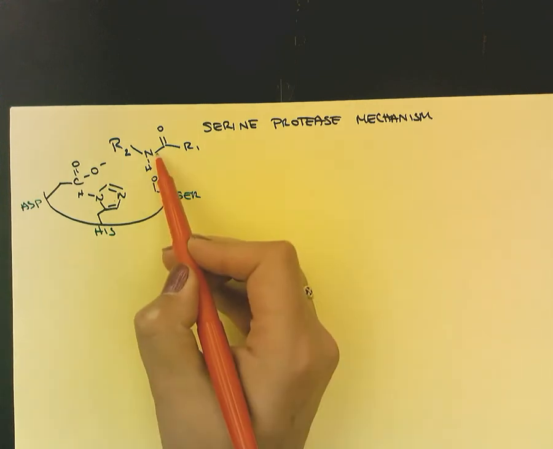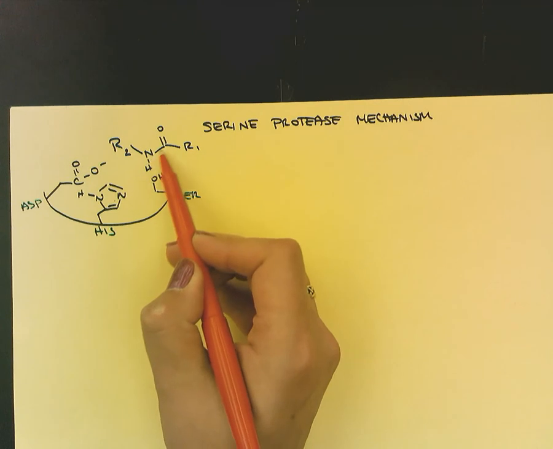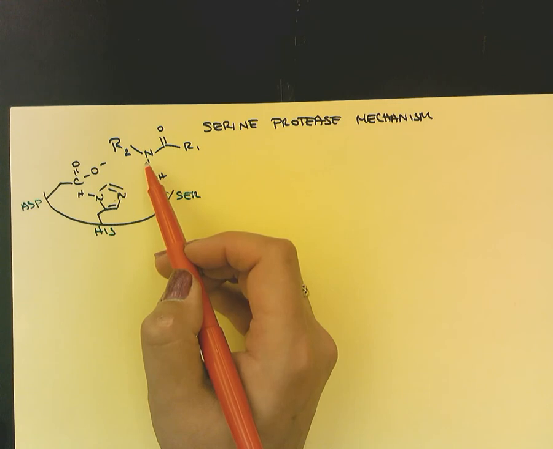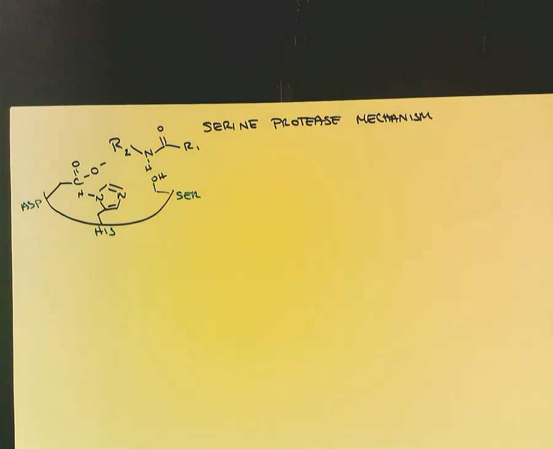What bond is this one right here? Oh, I heard peptide. It's the peptide bond. That's the one. We are looking to break our peptide bond. So that's the serine protease. Its main function is to break a peptide bond. So write that down someplace. Breaks peptide bonds. It does that in 5 steps.